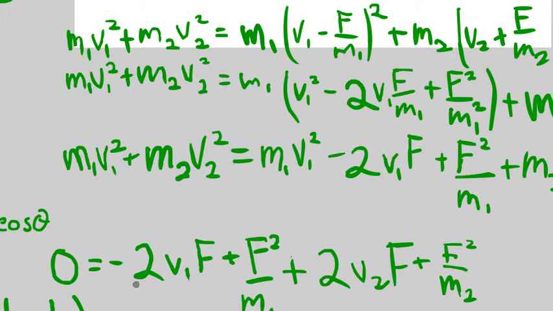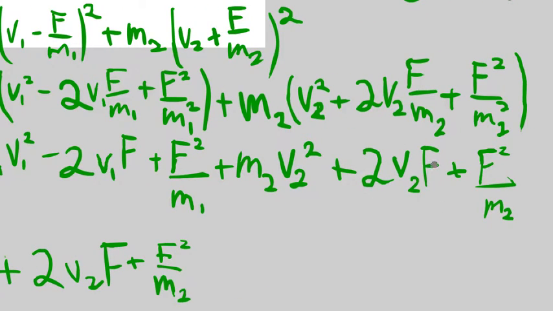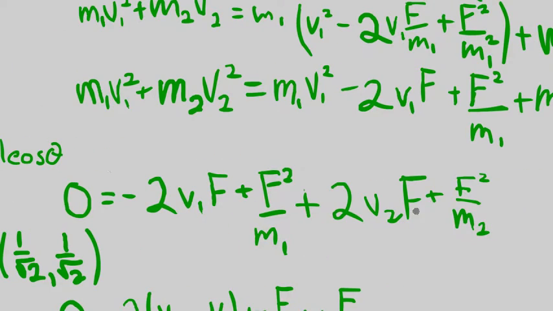Anyway, so you end up with 0 on this side. And this side, now we don't have the mv squared, so it's just negative 2f, this part, and this part, and this part. But not these, because I subtracted them from both sides of the equation. So now the equation is a little bit smaller and nicer.